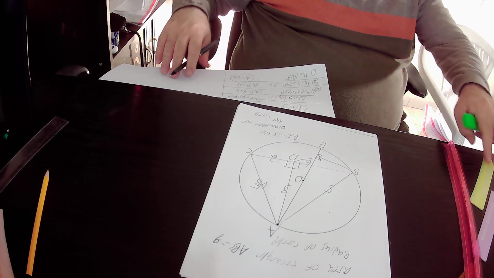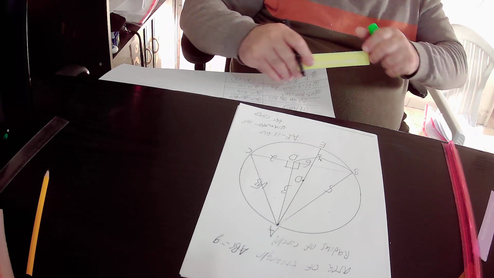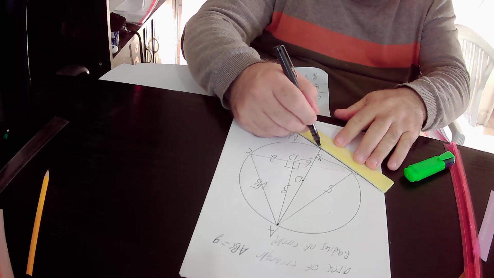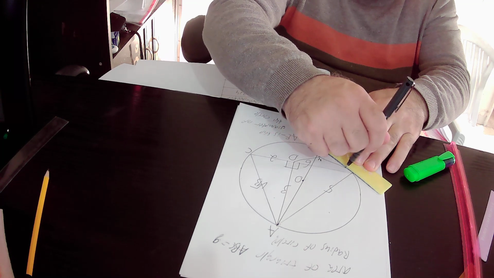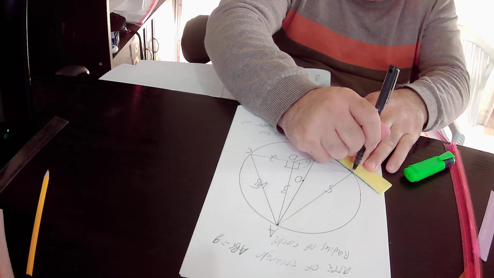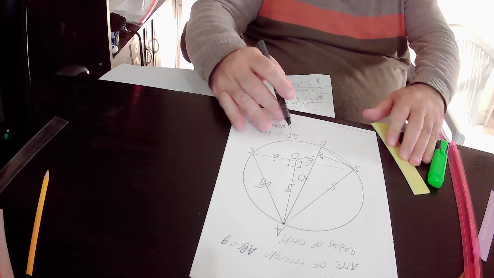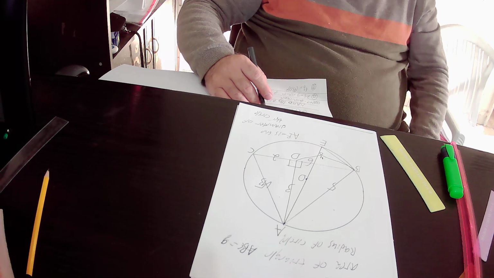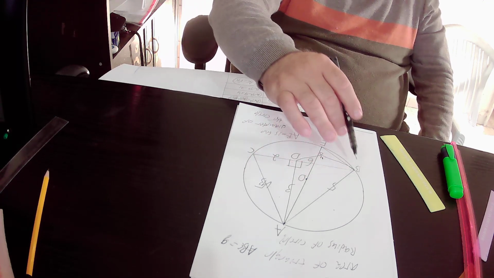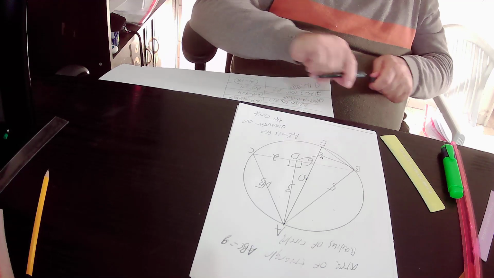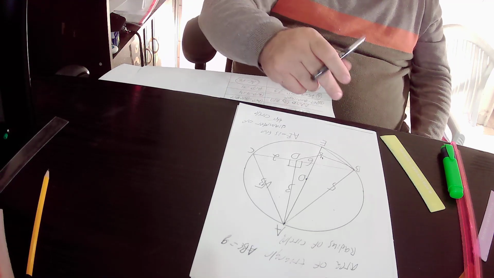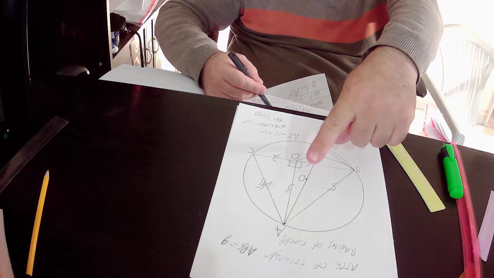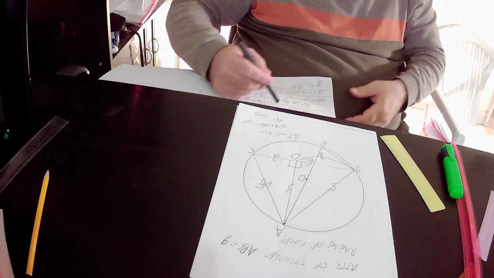In the next step, we will join points B and E together by a straight line. So we know that AE is the diameter of the circle. Here, angle ABE rests on the diameter of this circle, that is AE.